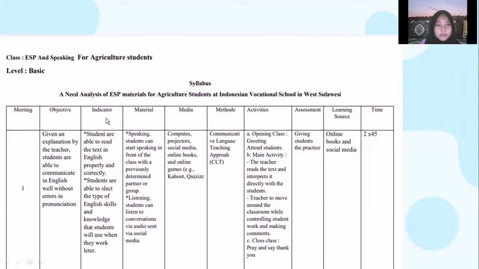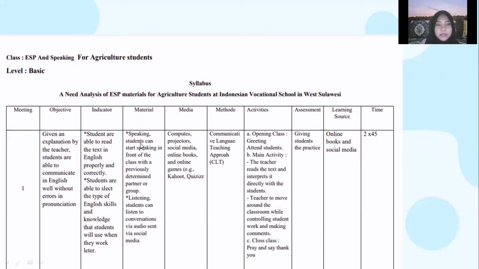Indicator: students are able to read the text in English properly and correctly. Students are able to select the type of English skill and knowledge that students will use when they work later.